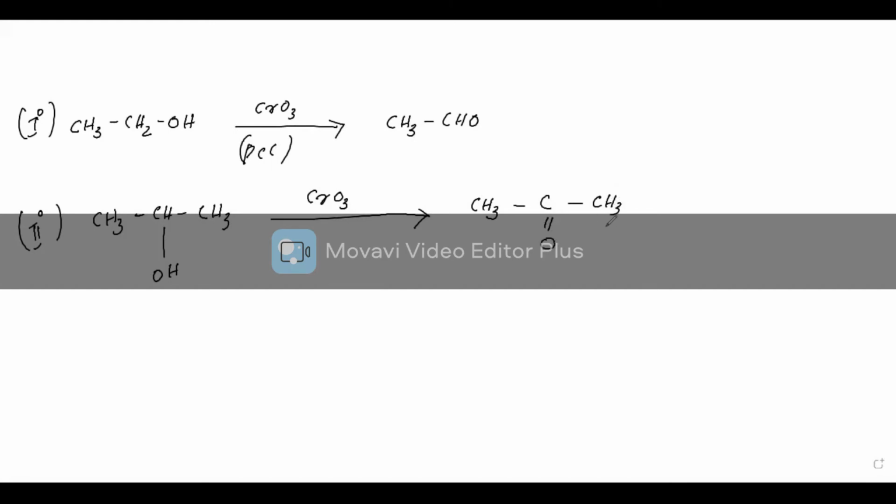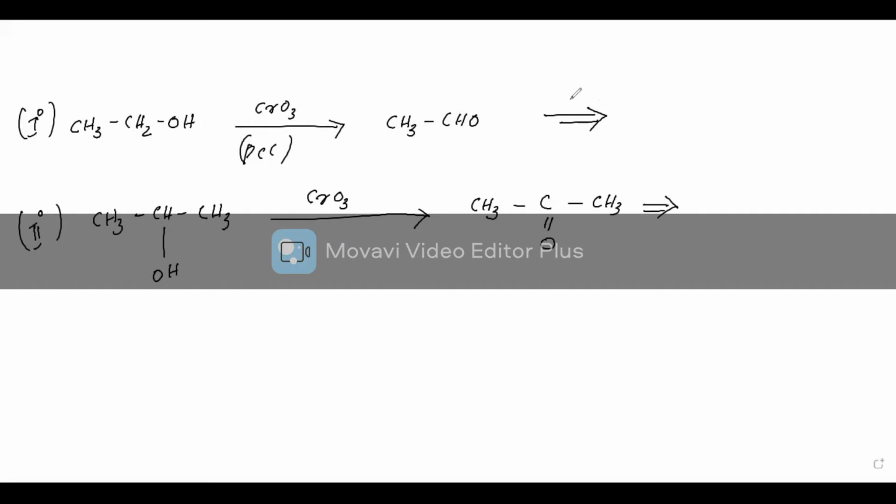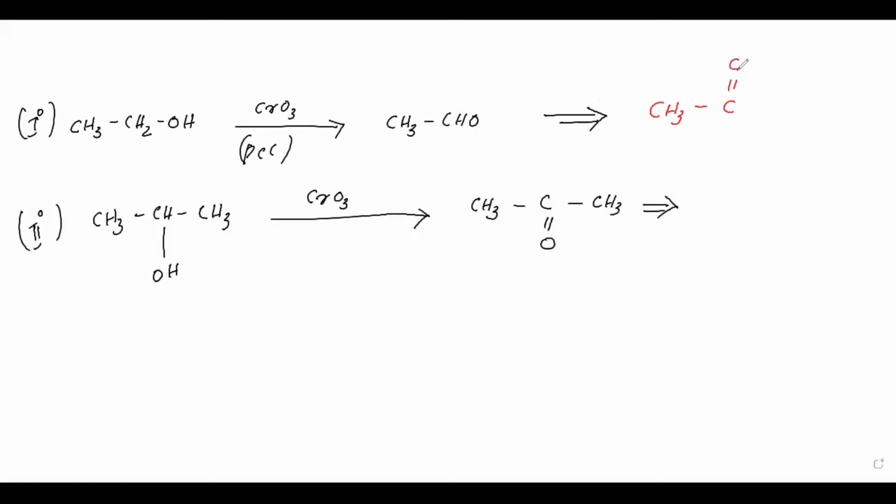Okay, look at the structure of the aldehyde and ketone. Aldehyde: CH3, C double bond O, and the other side is H. This CHO can be written like this.